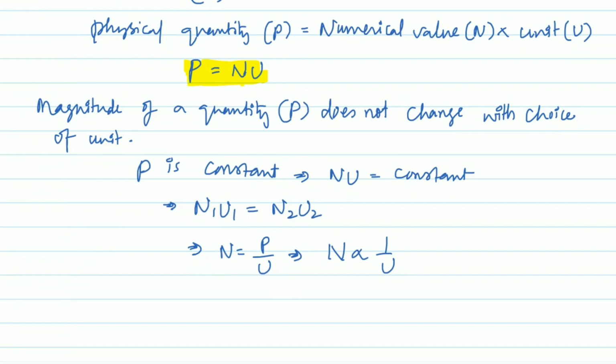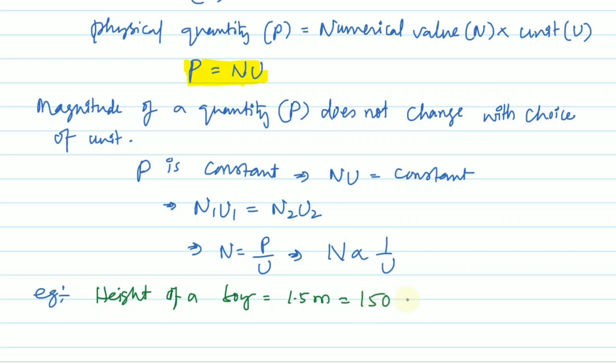Let's take an example to understand this. Example: height of a boy. Let us consider the height of a boy is 1.5 meters, right? This can be written in centimeters as 150 centimeters. When it is 1.5 meters, unit is greater, so numerical value is less, because numerical value is inversely proportional to unit.